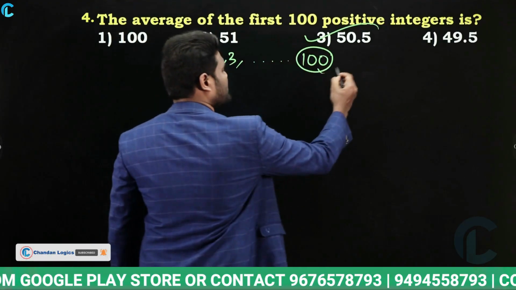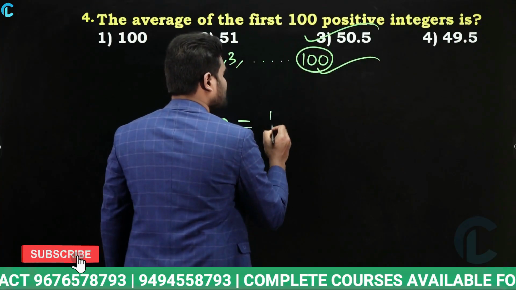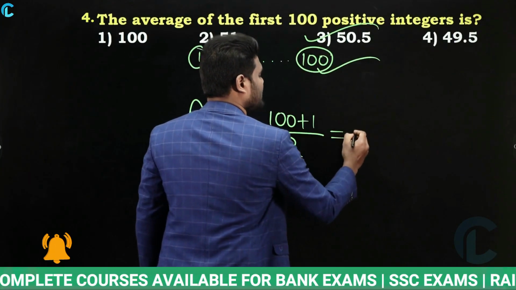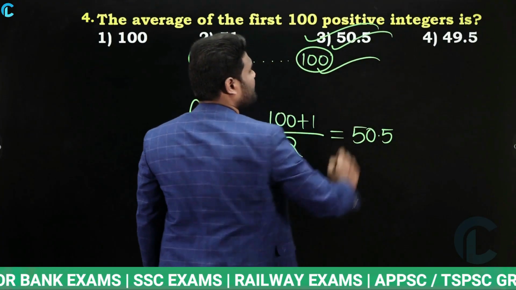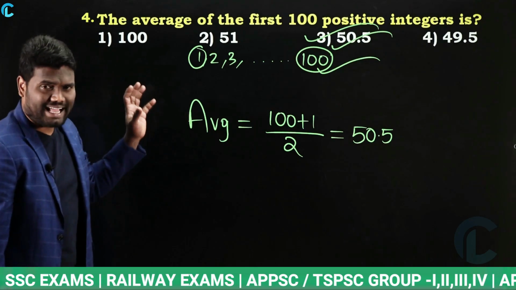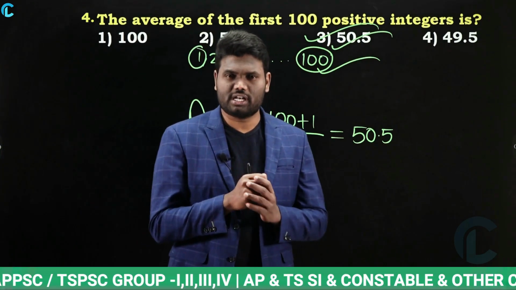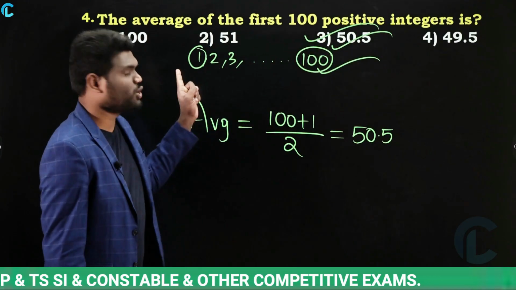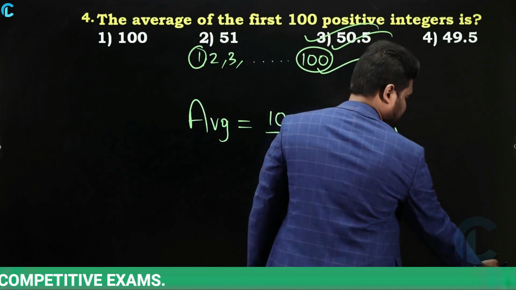The highest number is 100 and the lowest number is 1. So the average is 100 plus 1 by 2, that is 50.5. So the answer is 50.5.